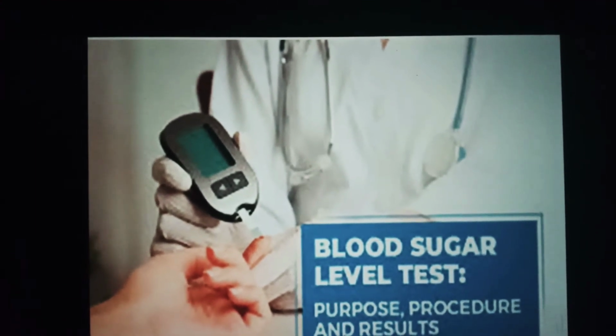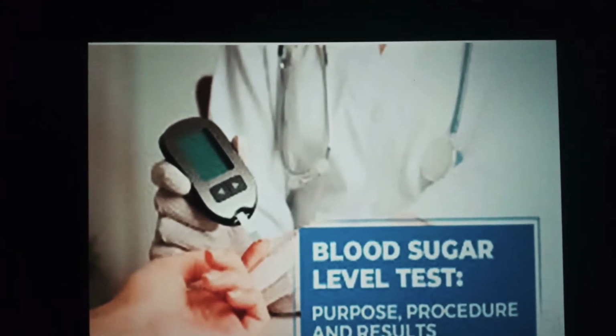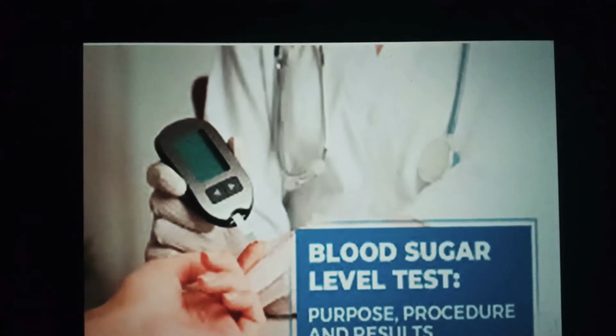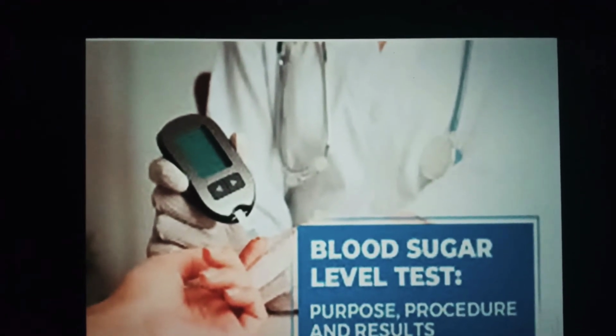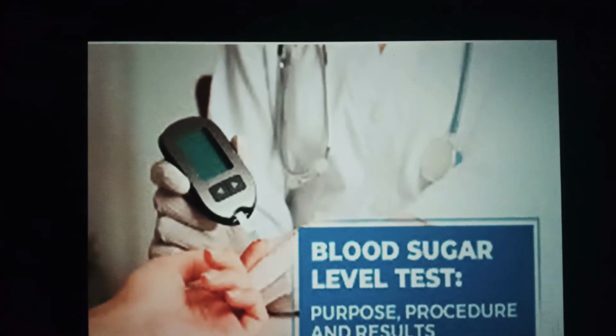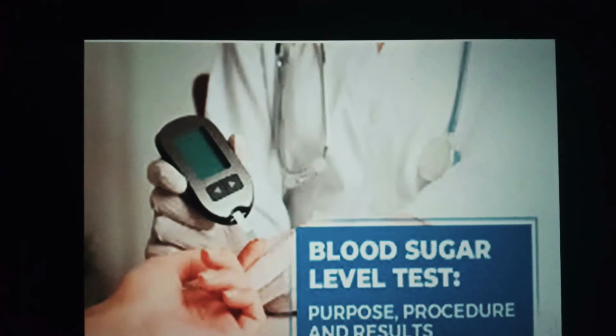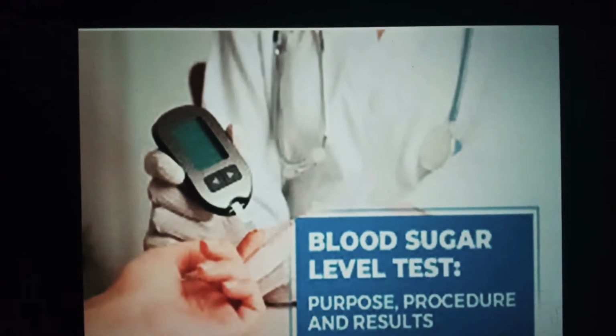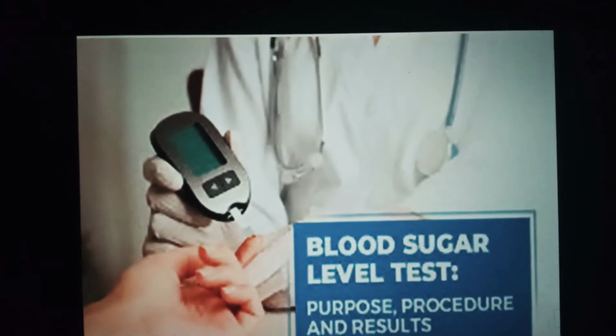Blood glucose may be measured on a fasting basis, collected after an 8 to 10 hour fast, randomly at any time, and after a meal. The results of some BGC tests are given in the table on textbook page 50.